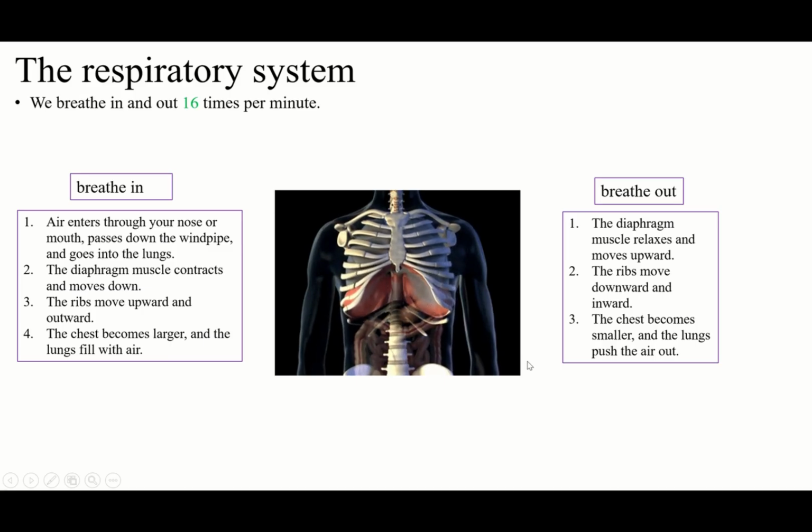So these are the differences between breathe in and breathe out. Simply, if you take a deep breath and then breathe out, you will feel all of them. When you breathe in, air enters the body. When you breathe out, air leaves the body. When you breathe in, the diaphragm goes down and contracts. When you breathe out, the diaphragm relaxes and goes upward.